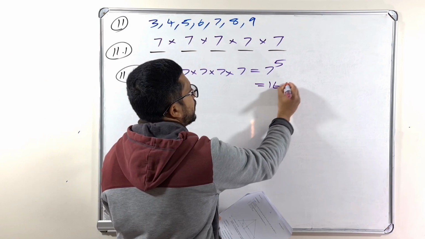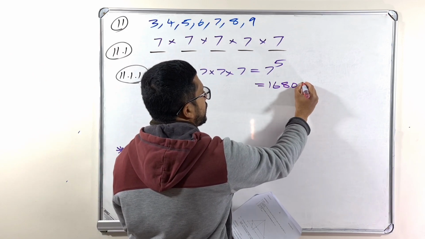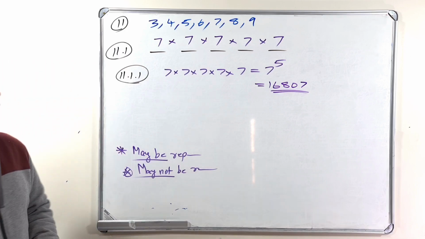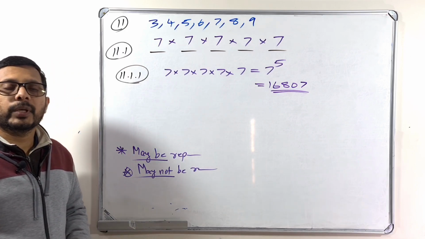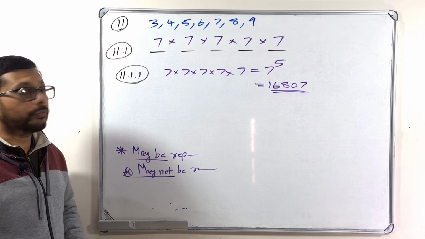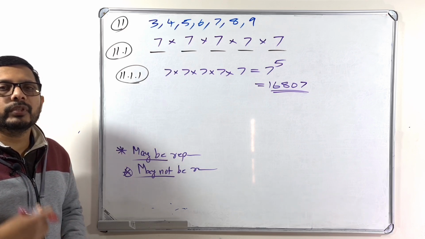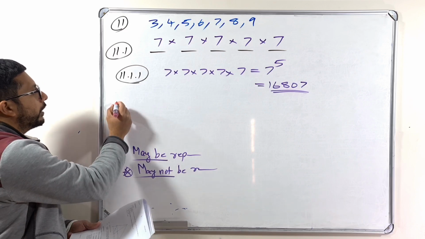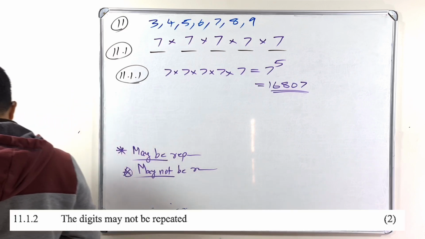So the answer is 16,807. That many different options I have if the numbers may be repeated. Now look at the next question, 11.1.2.